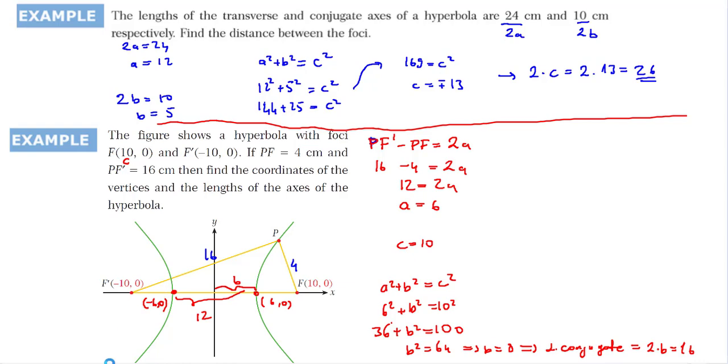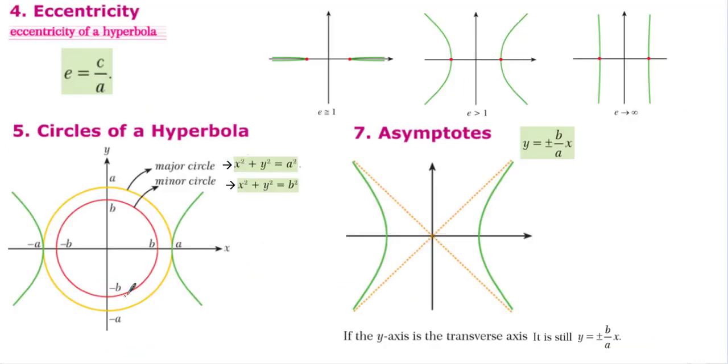Okay, let's continue with some definitions. Here the eccentricity, like in all conic sections, is c over a. If the c over a value is approximately 1, we find that the legs of the hyperbola are very close to each other.